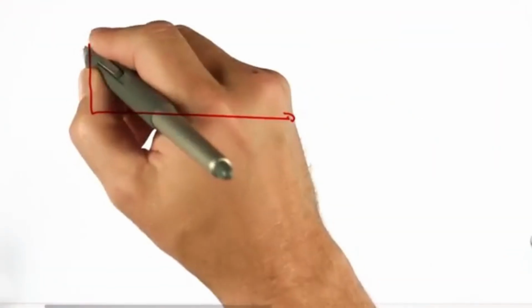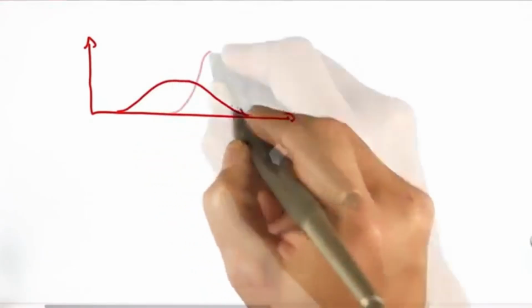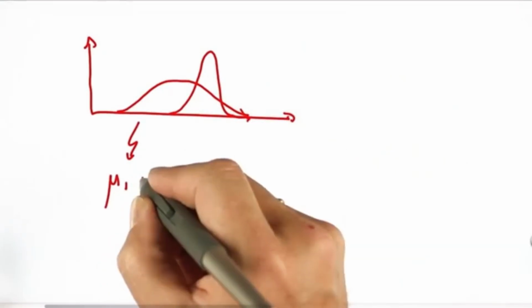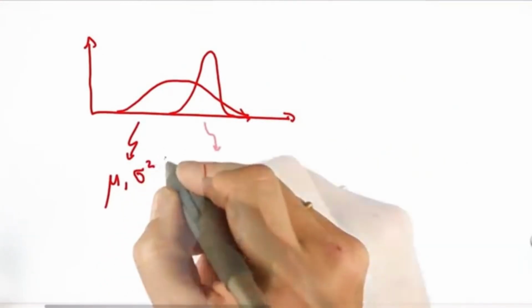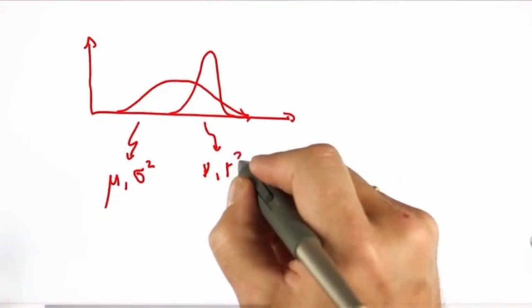Suppose we multiply two Gaussians as in Bayes rule: a prior and a measurement probability. The prior has a mean of mu and a variance of sigma square. The measurement has a mean of nu and a covariance of r square.